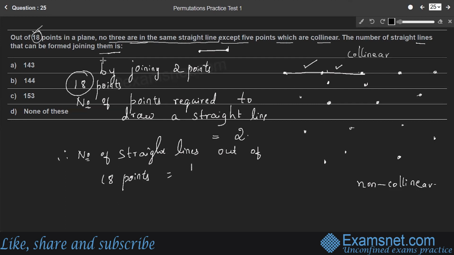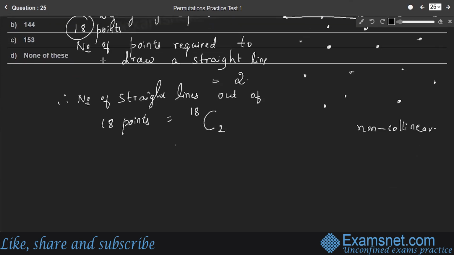How many combinations can be made or how many straight lines can be drawn out of 18 points, which is nothing but 18C2, right? So 18C2 is nothing but factorial 18 divided by 2 factorial into 18 minus 2 factorial. We are using the formula n factorial by r factorial into n minus r factorial is NCR, right? Here, this gives total number of straight lines can be drawn out of 18 points, right?